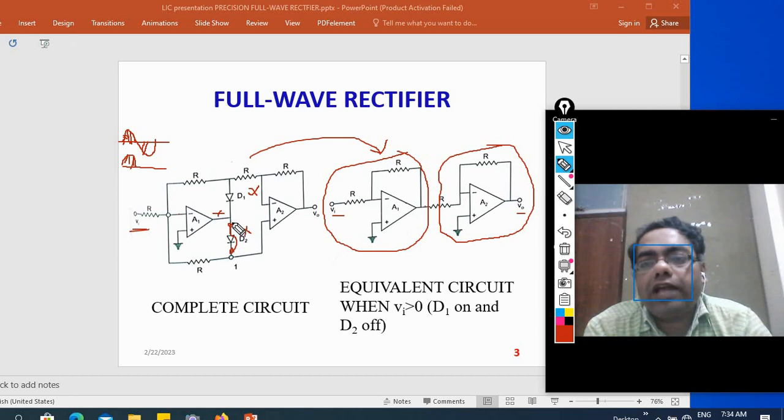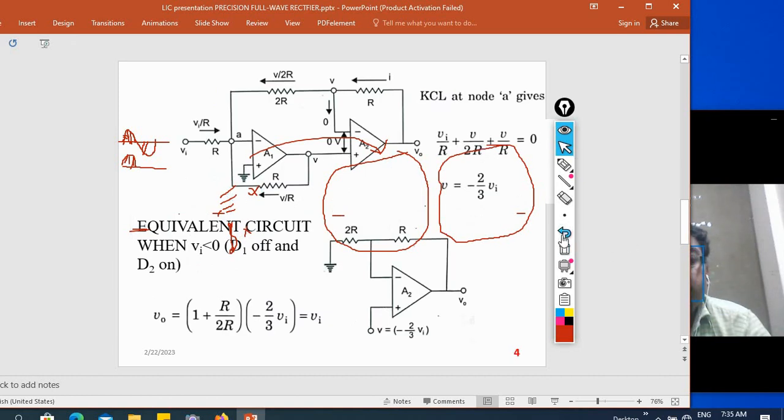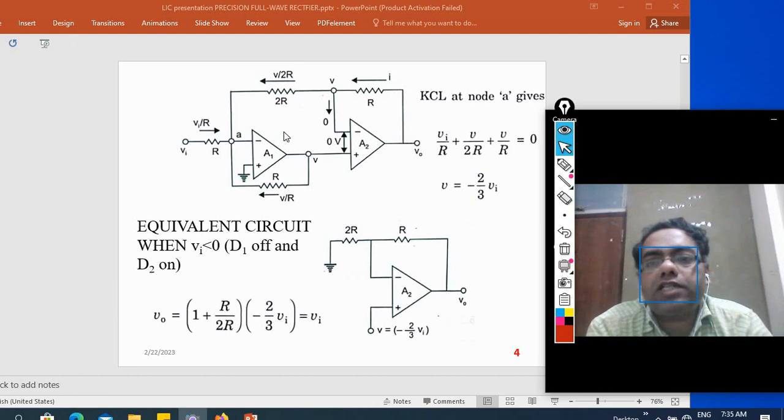Now when D2 is on and D1 is off, meaning open circuit, this path comes. So the equivalent circuit will become like this. This is the equivalent circuit when the input voltage is negative.